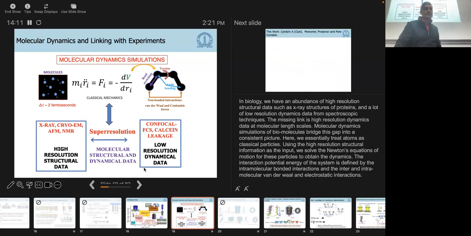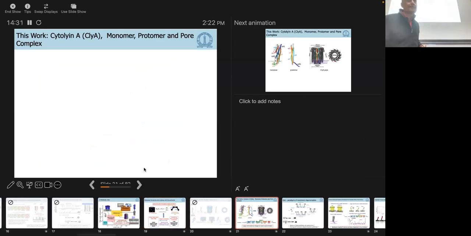And here a connection with the experiments is you have low resolution dynamical data on one side, and high resolution structural data with X-ray, cryo, AFM, NMR, and so on. And you have super resolution, which bridges the two, and we connect that with the MD simulations, which gives us atomic scale information about the system we are studying.